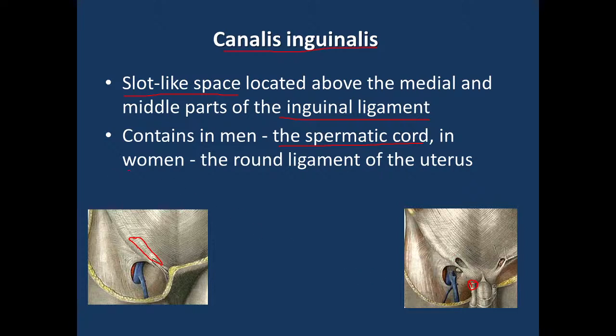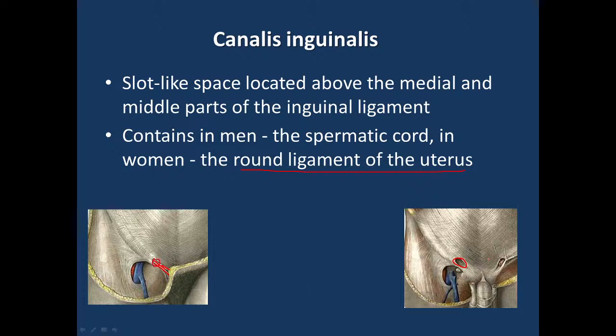And for women, this is for women. Here is a woman. Inguinal canal, and it is located around the ligament of the uterus. So this is the difference, and you can guess that the size of men's and women's inguinal canal is different.